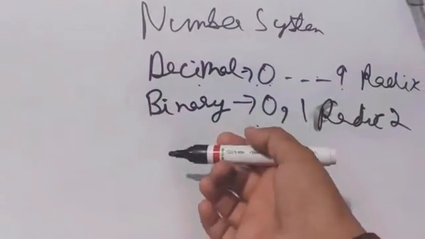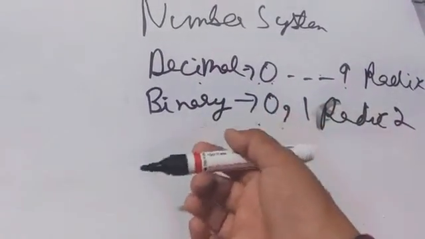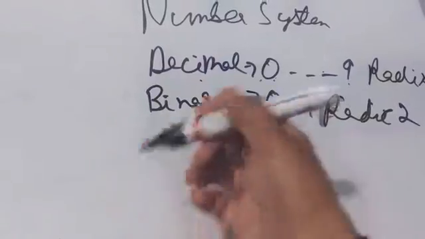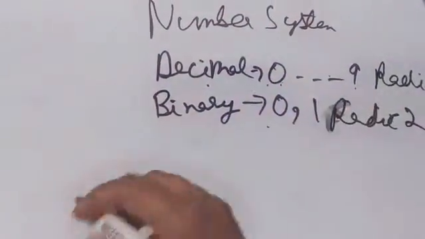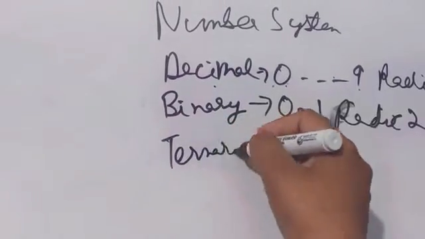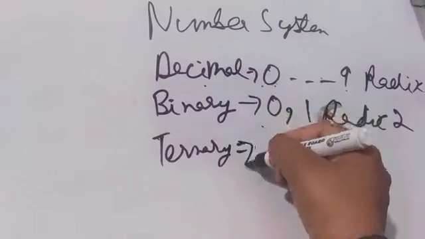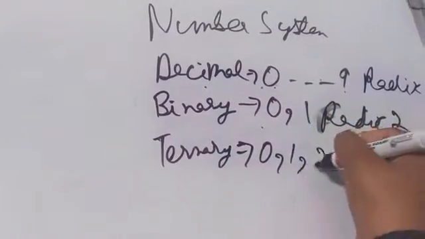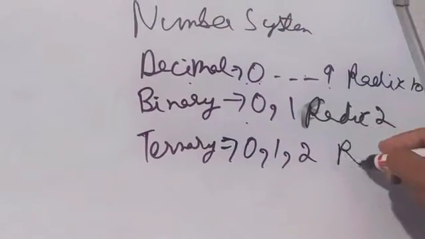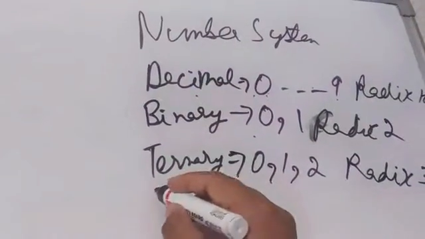I have already discussed why the binary number system is used in computers: a computer is made up of different switches, and every switch can have only 2 states, either 0 or 1, right? The next number system is the ternary number system. As the name suggests, it includes 3 valid numbers, 0, 1 and 2, and its radix or base is 3.